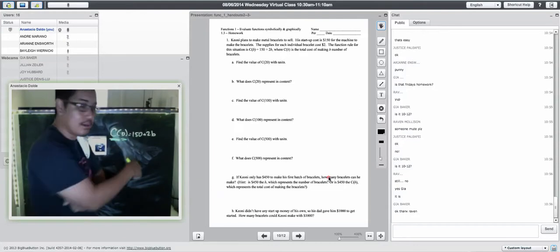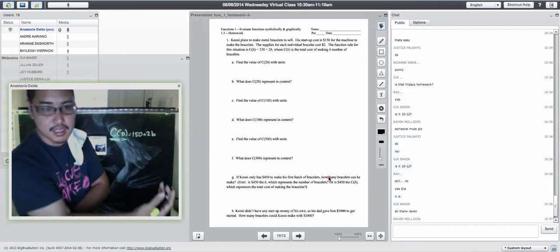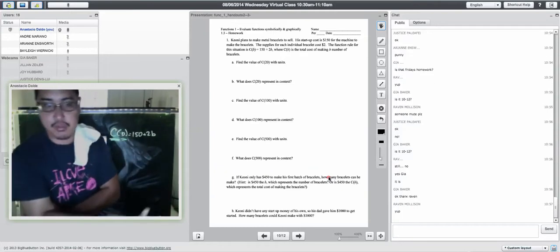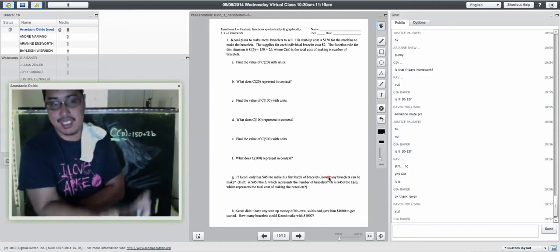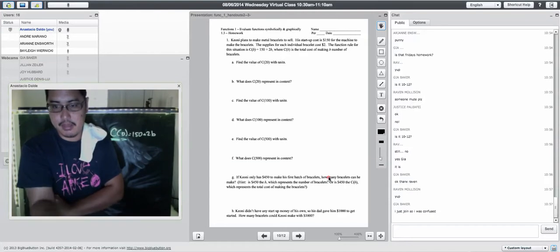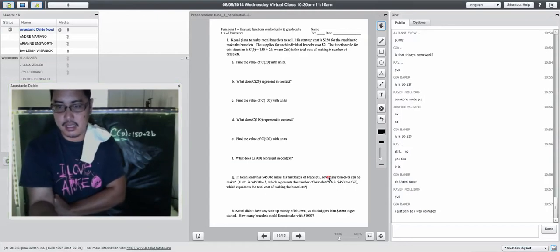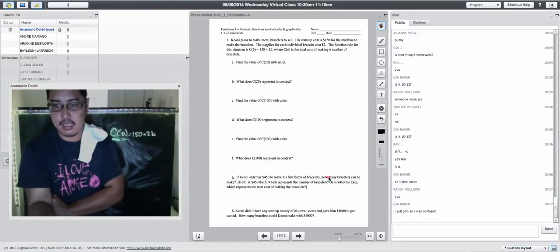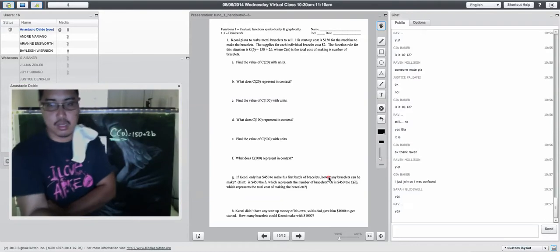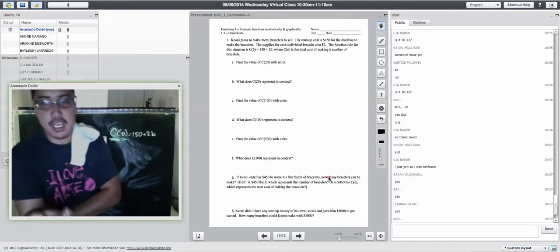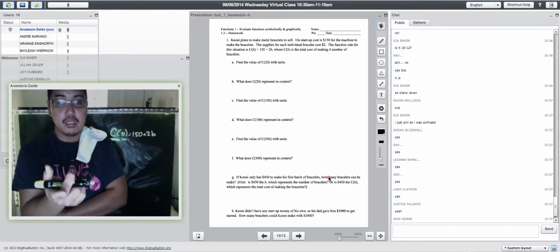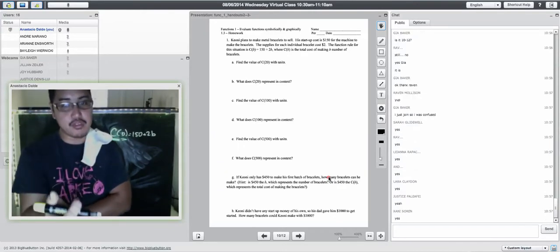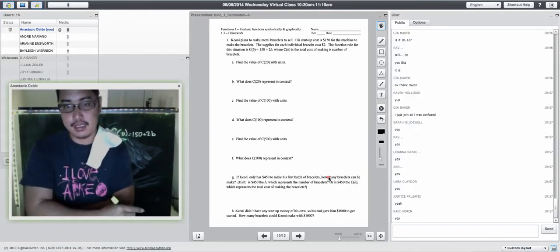And then the B represents the number of bracelets, because the amount of cash he borrows from you depends on how many bracelets he wants to make. Does that make sense? So, how much cash does he need from you? Well, if he borrows $150 from you, can he make any bracelets?